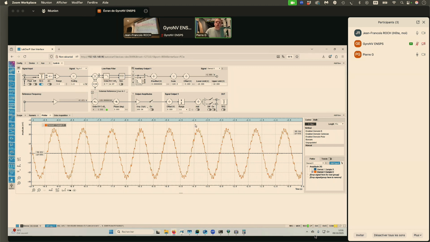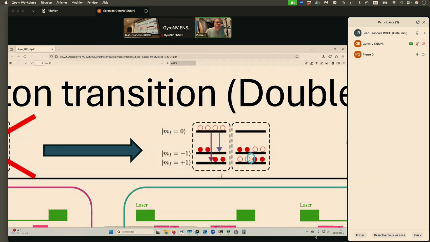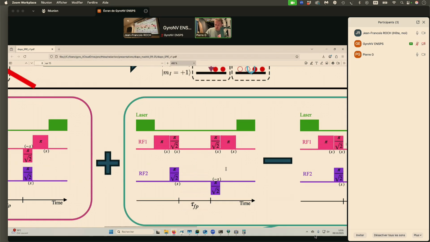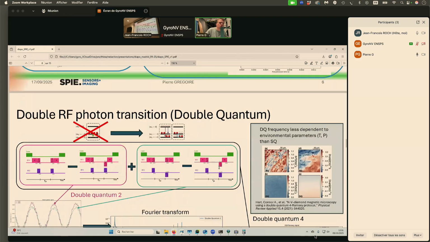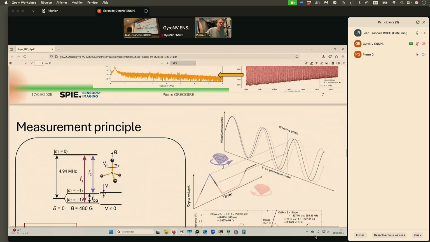Okay, so this would behave exactly like the previous oscillation I've shown you. We would have a long T2 star decay. And what we want is to do accurate sensing of different parameters.